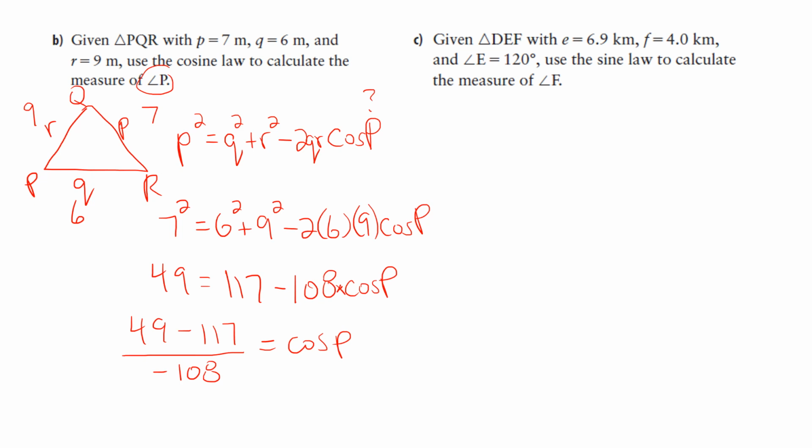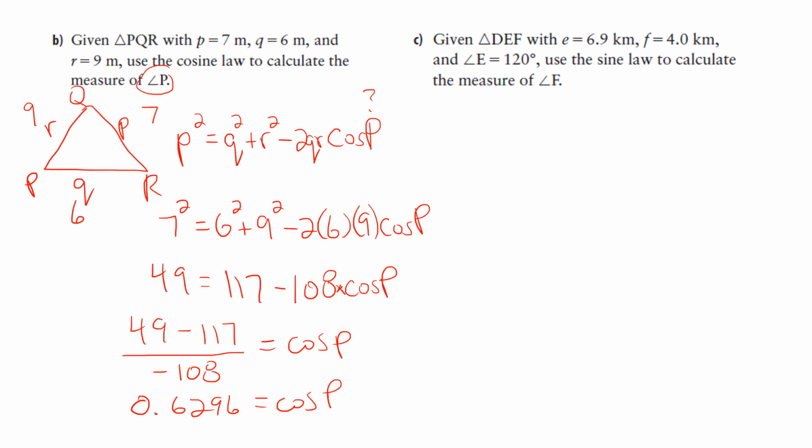So 49 take away 117 is negative 68. And then we are going to divide that by the negative 108. And that's going to get us 0.6296, positive because we were dividing two negatives.